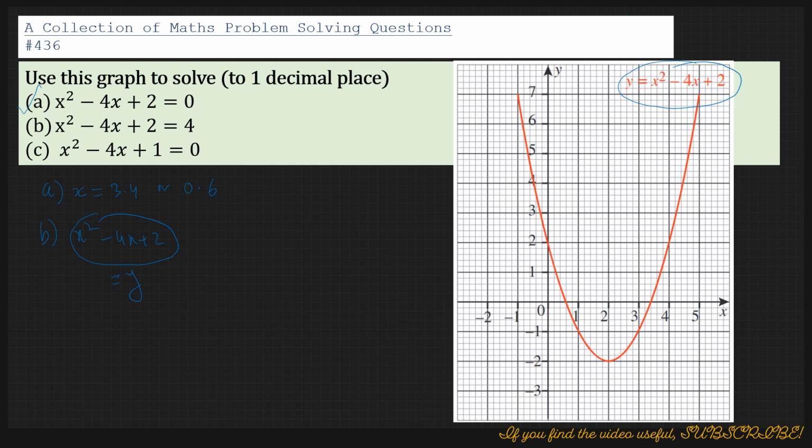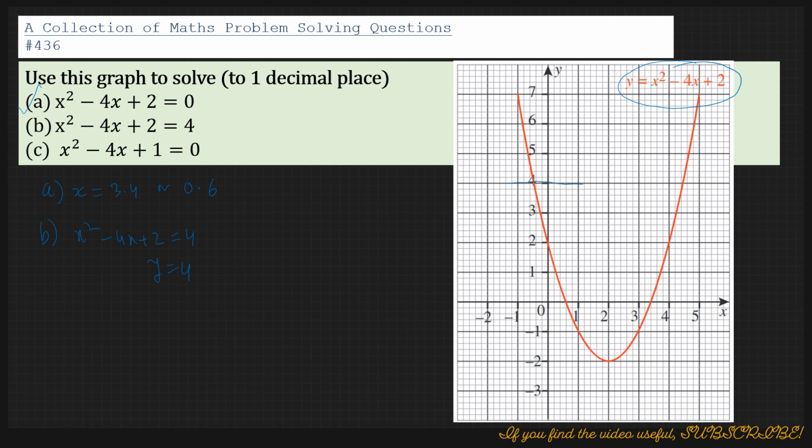So this expression equals 4 also would mean that we can write y equals 4. So all we have to do is to draw the straight line y equals 4.